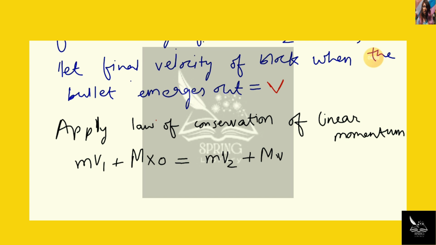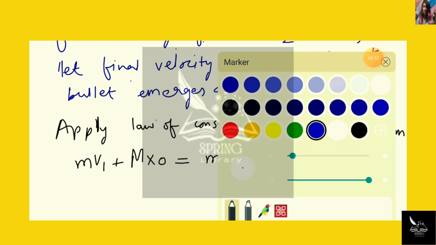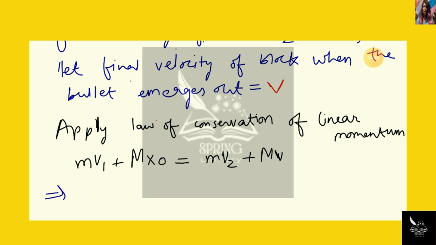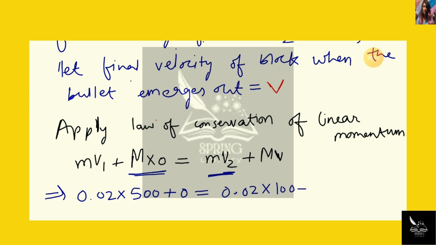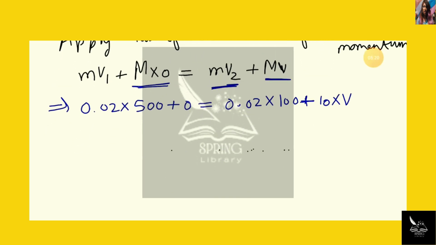Now simplify it, then I will get the value of v after substituting the data. So mv1 is 0.02 multiplied by 500 plus M multiplied by 0 becomes 0, equal to mv2 that is 0.02 multiplied by 100 plus Mv that is 10 multiplied by v. Now simplify it, then I will get the value of v equal to 0.8 meter per second.